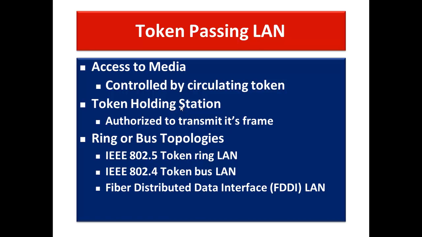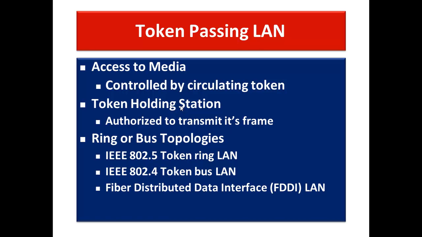Now just imagine, initially it was not the ring, it was the bus topology that was there when Metcalfe was working on Ethernet, where he had the bus topology, and he used this carrier sense concept to use the medium. IBM was working on having a controlled access by using this concept of token.